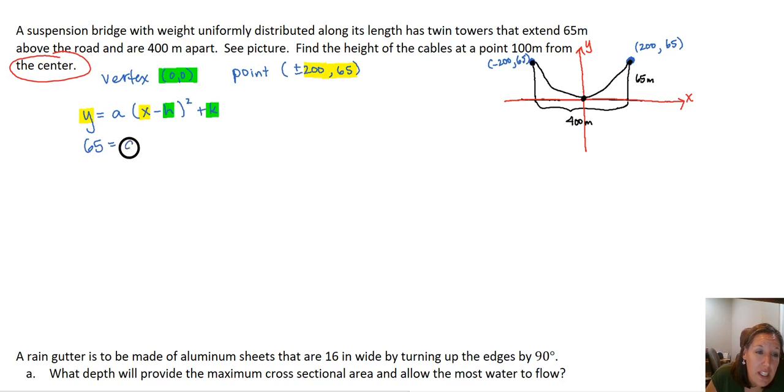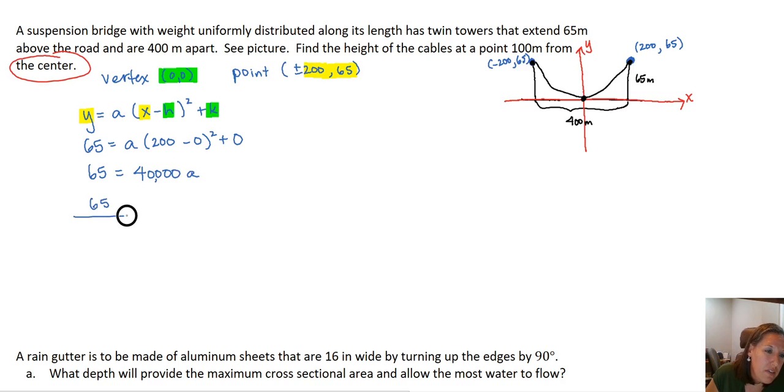We don't know what a is. That's what we've got to find out. Our x value can be either plus or minus 200, and our h and k values are both 0. So simplifying this, we're going to get 65 equals a times, 200 minus 0 is 200. When we square 200, we're going to get 40,000 times a.